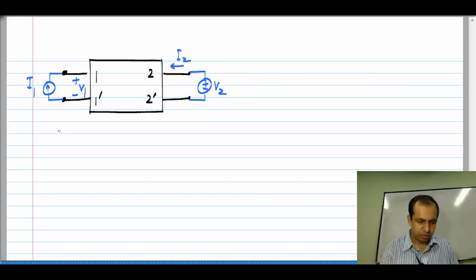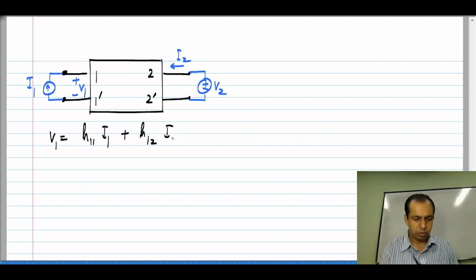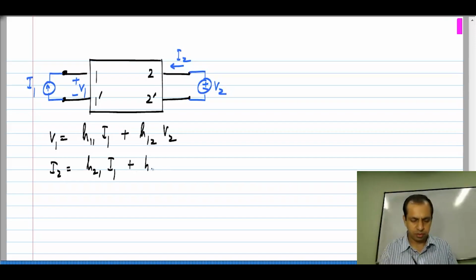Okay. So, we have V1 to be H11 I1 plus H12 V2, and we have I2 to be H21 I1 plus H22 V2.